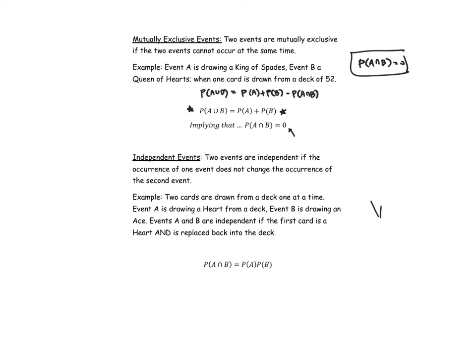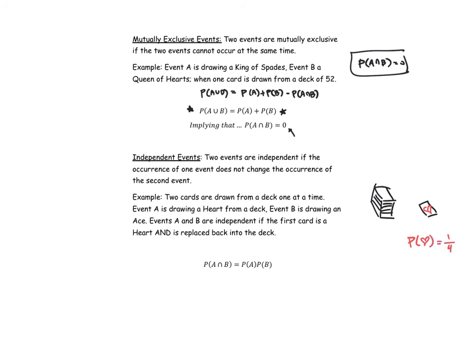Here's my deck of cards, a pretty aggressively tall deck of 52 cards. I pull the card, and guess what? It's a heart. The probability of pulling that heart on the first draw would be 1 out of 4.